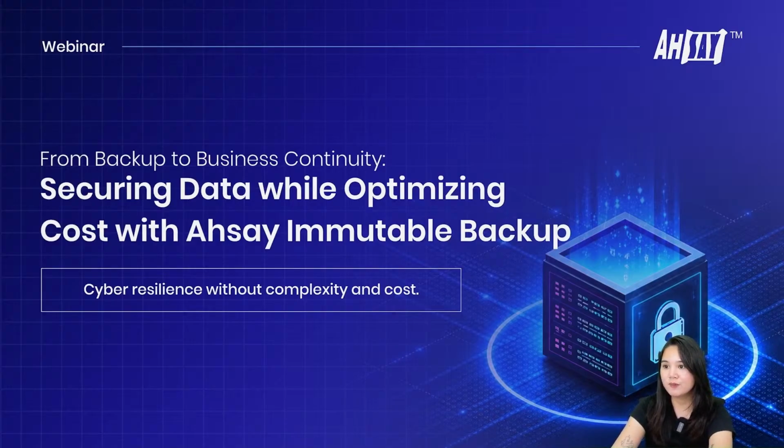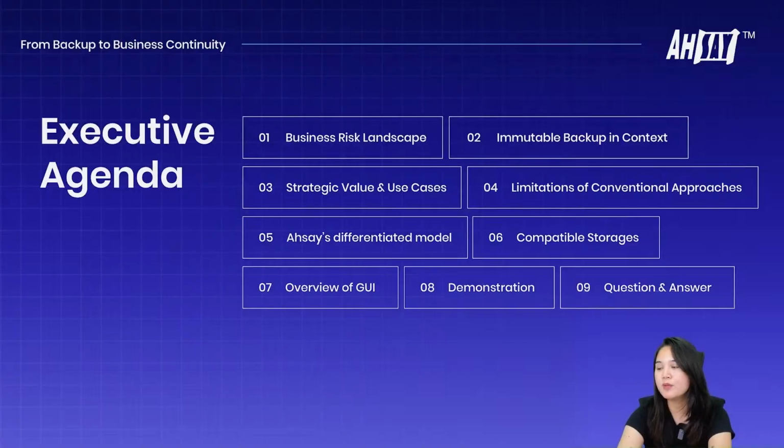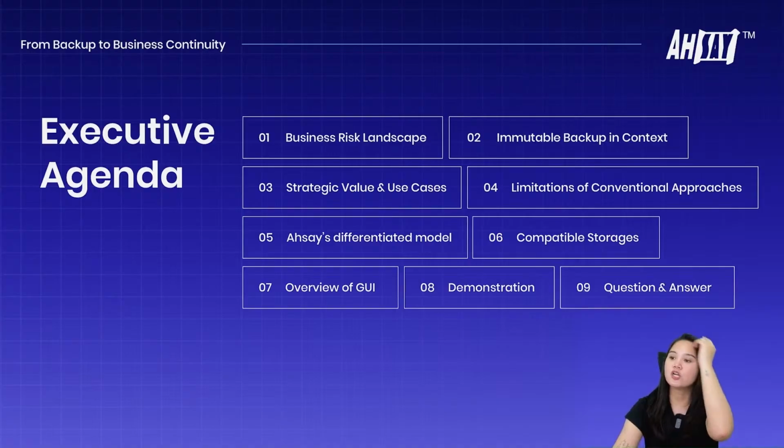So before we dive deeper, let me briefly walk you through what we'll be covering today. To keep this session focused and valuable for you, we've structured it into a few key areas. We'll start by looking at the current business risk landscape, why data protection has become a board-level concern. From there, we'll put immutable backup into context, so what it means and why it matters today. We'll then move into its strategic value and where it's most useful in real-world scenarios.